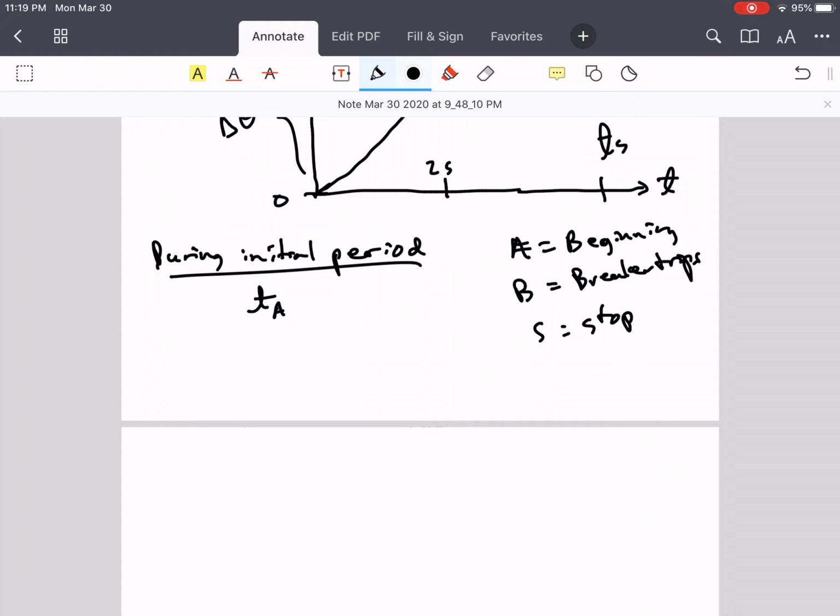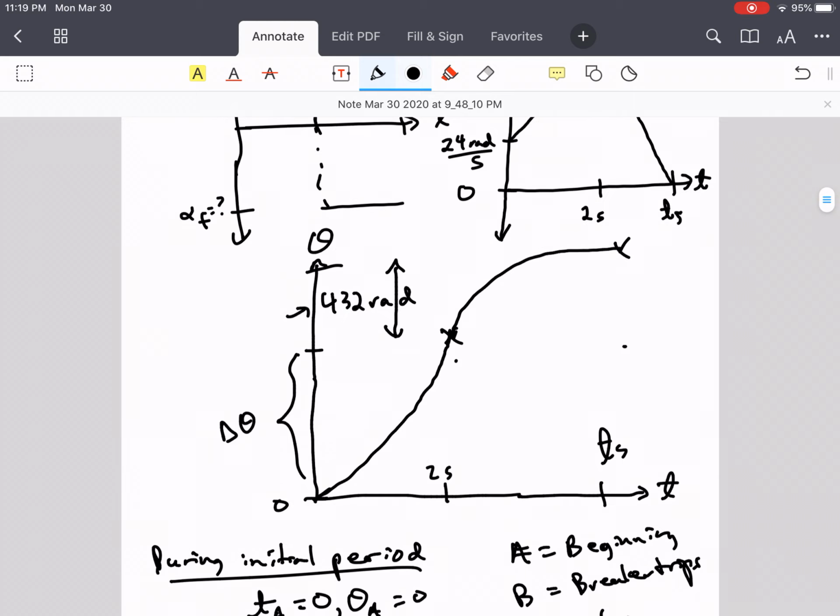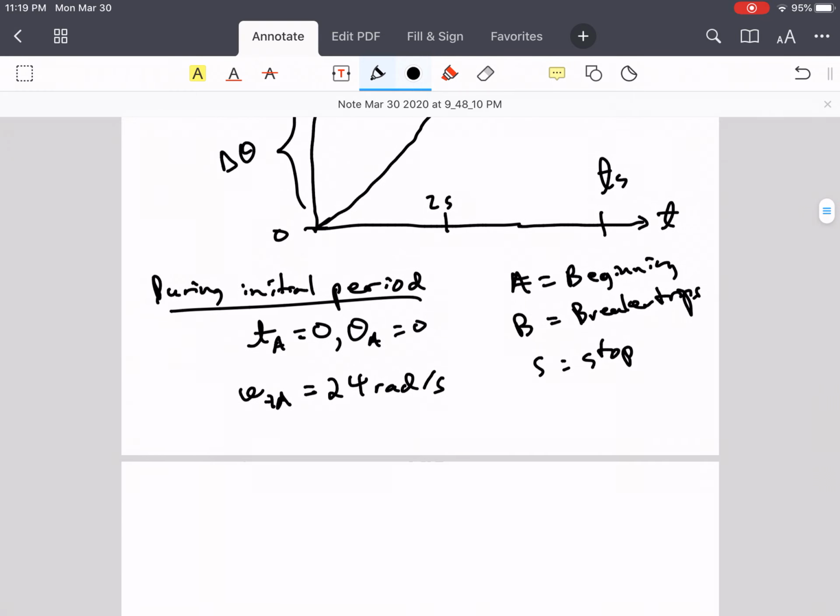Okay? So TA, my starting point, is 0. Theta A, my starting point, is 0. Omega ZA, my angular velocity, is given. It's 24 radians per second. And then when the breaker trips, I'm told the time. So TB, in this case, is 2 seconds.